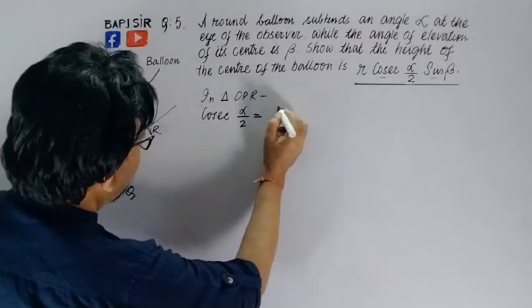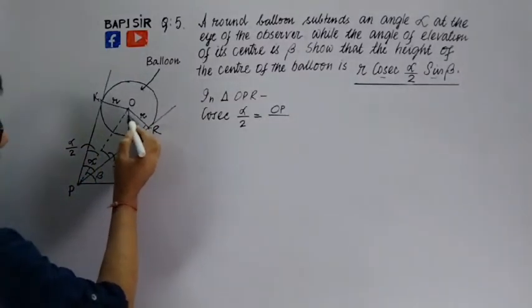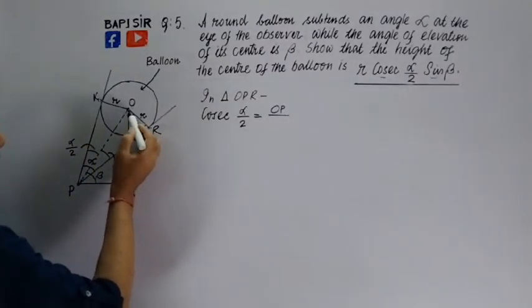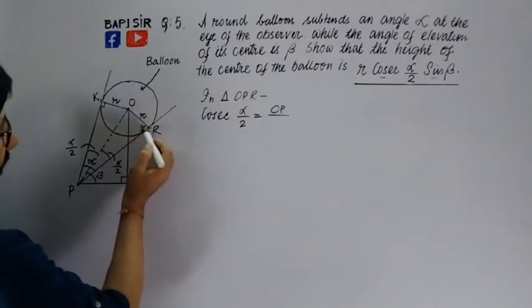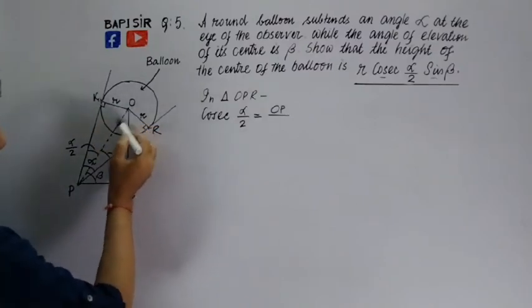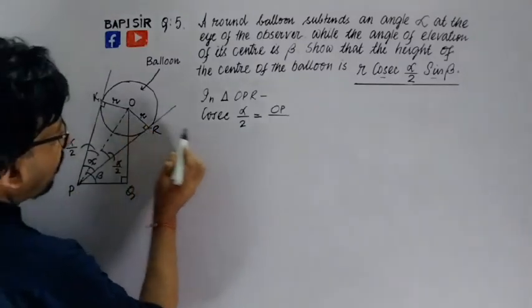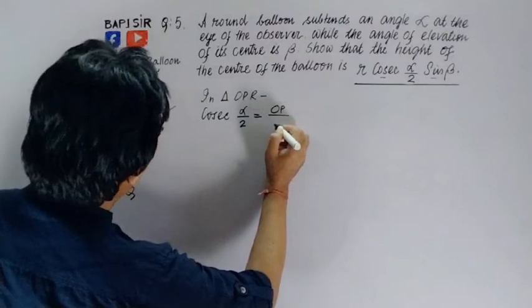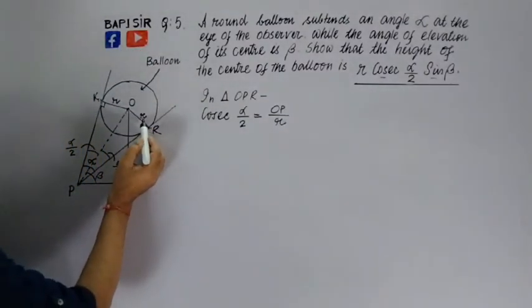Hypotenuse is OP, and the side opposite the 90 degree angle is the hypotenuse. You must know radius and tangent are perpendicular. So cosec alpha by 2 is OP by OR, and OR is actually small r.